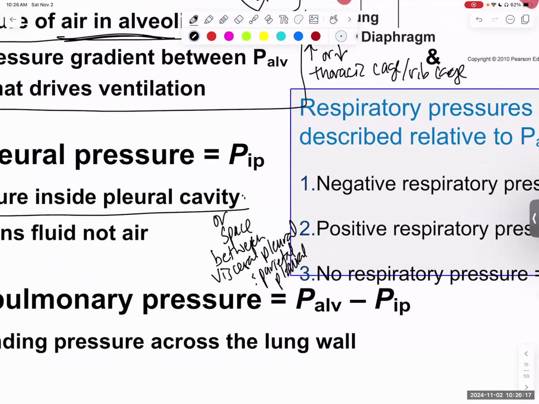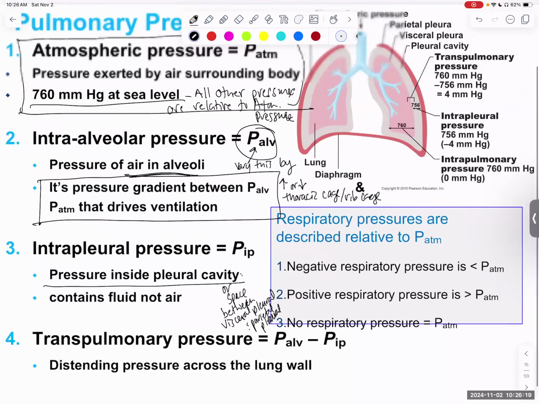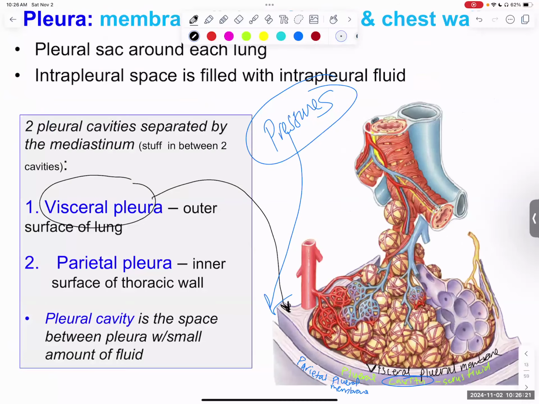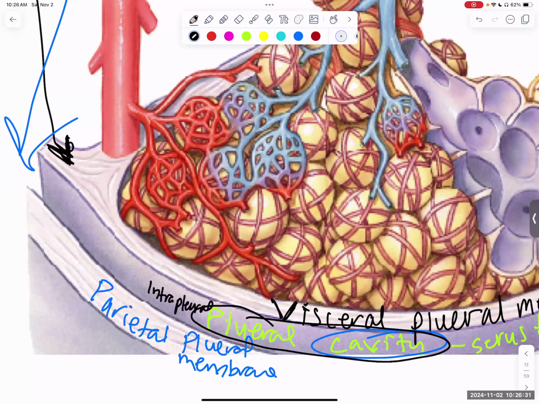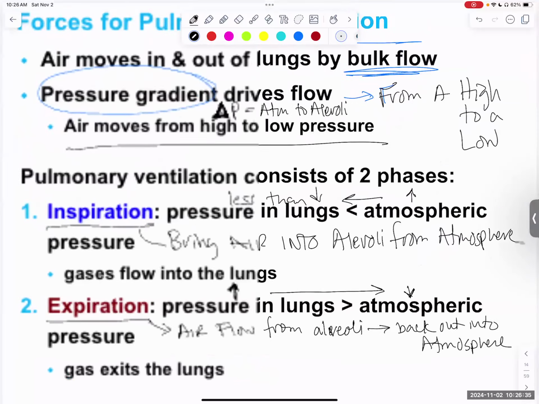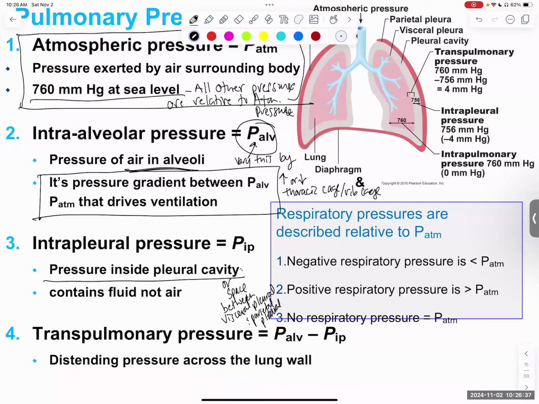So the pleural cavity is between the visceral and parietal pleural membrane. And so if you're wondering, this space is the intrapleural space. Here, it's between these two membranes. Then there's transpulmonary pressure. This is the pressure across the entire lung wall.